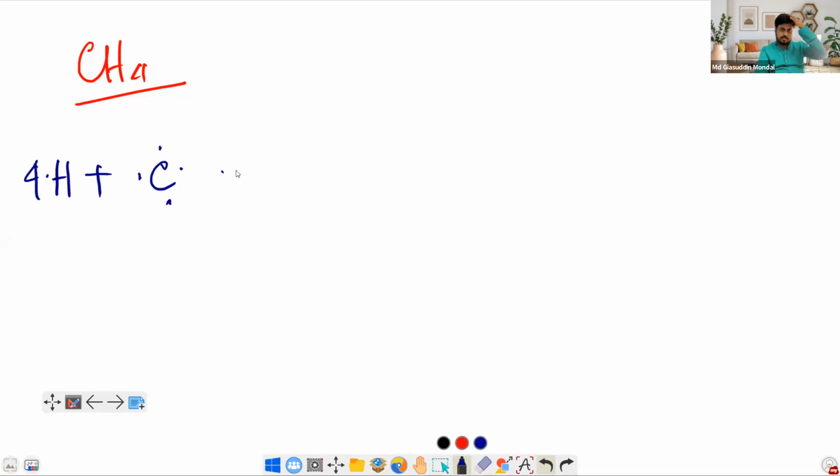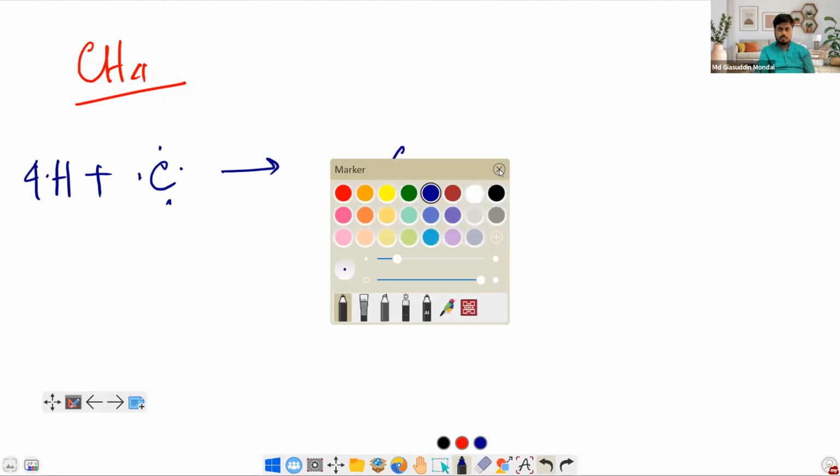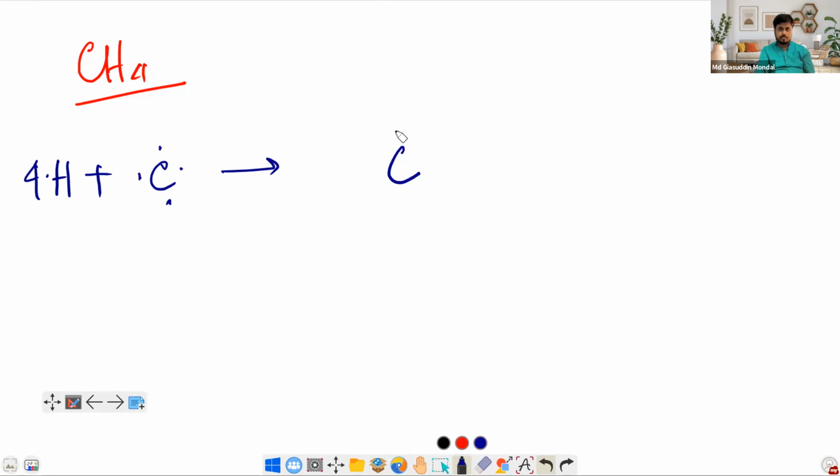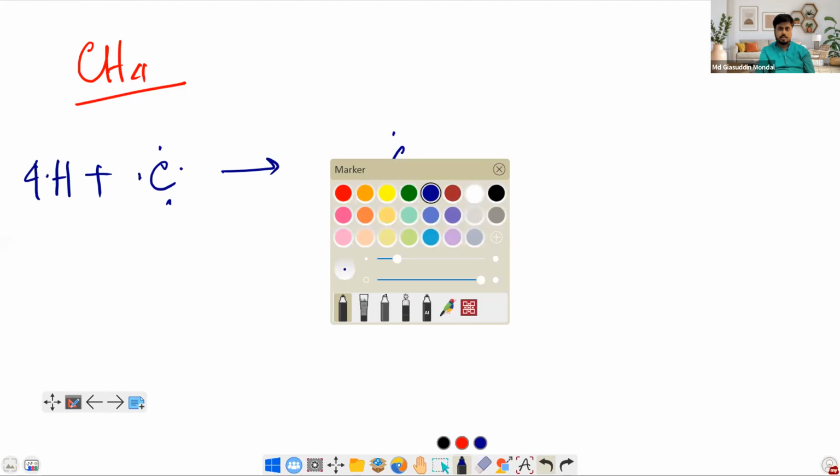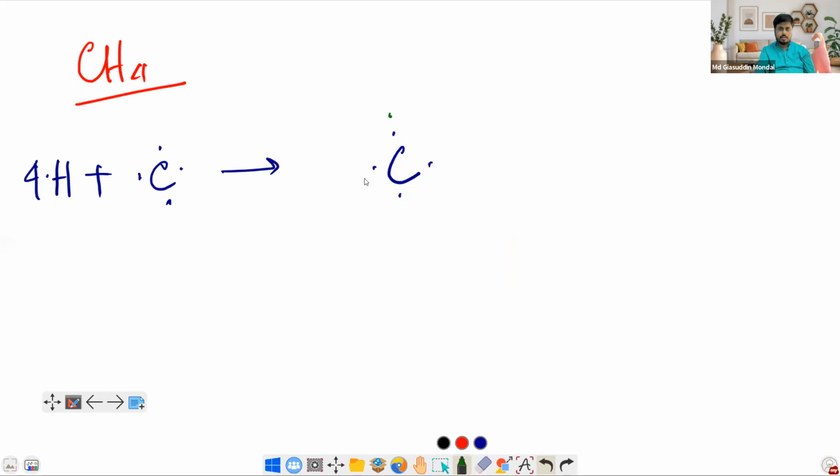It looks like this, right? So now if we put 1 electron, now 1, 2, 3, 4. So now putting all the electrons of the hydrogens here, 1, 2, 3, 4, and also drawing the hydrogen atoms.